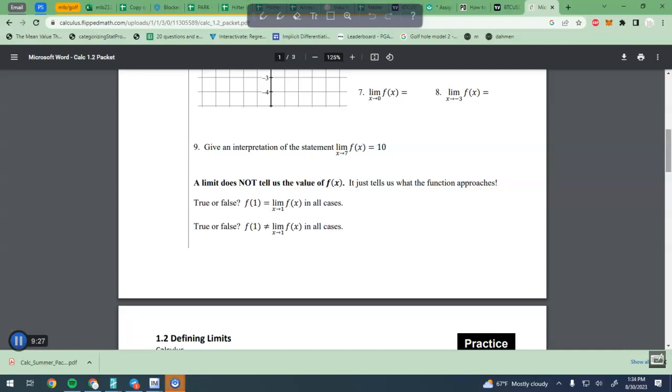Does it mean it will be 10? No, it just means it approaches it. Or you could say as x approaches 7, y or f of x approaches 10. You don't have to say both, just one of them. And then do those 2 true or false real quick.